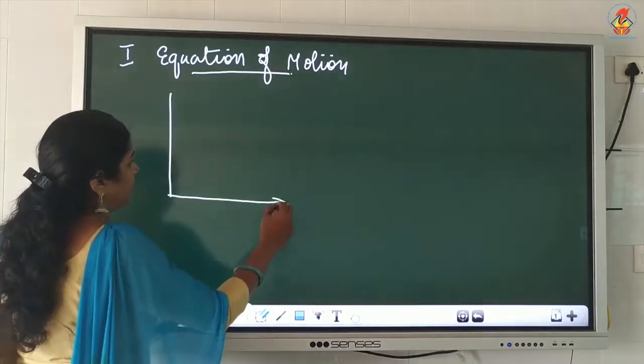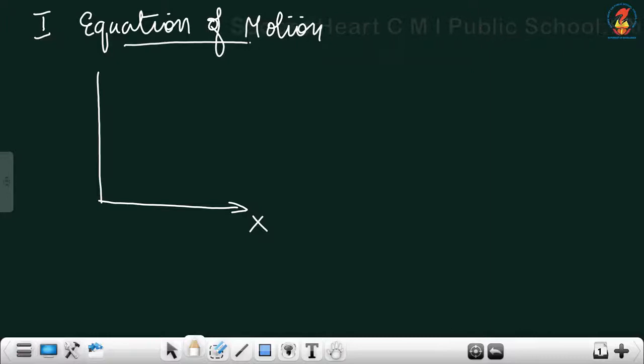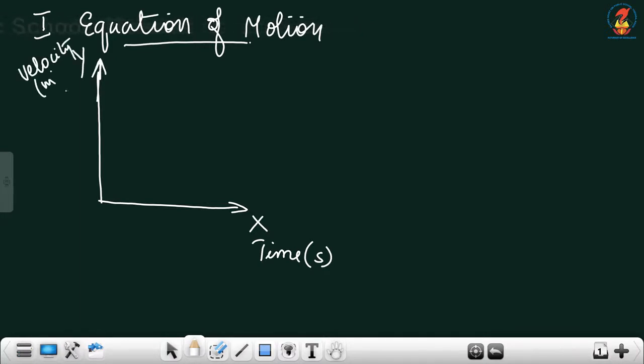This is the time axis, x axis, time in seconds, and the y axis is velocity, SI unit meter per second.